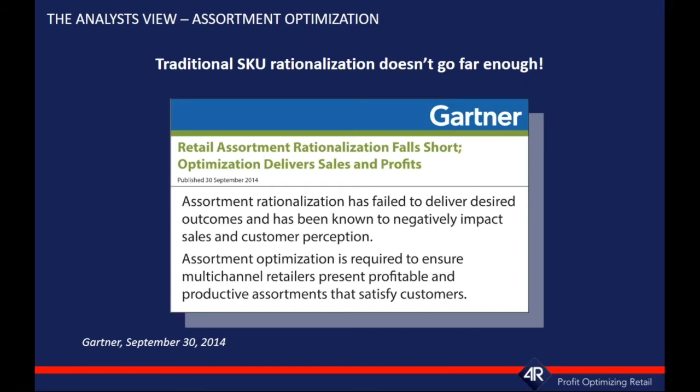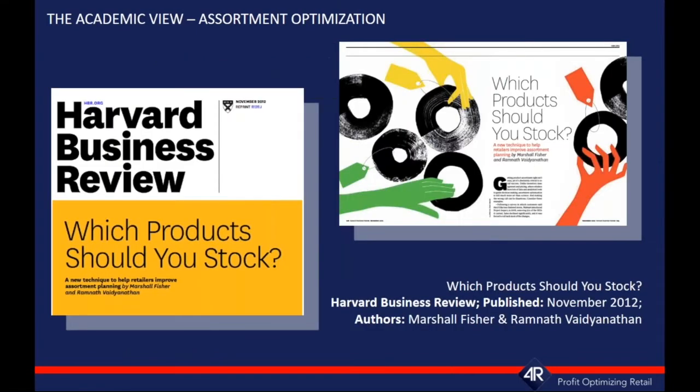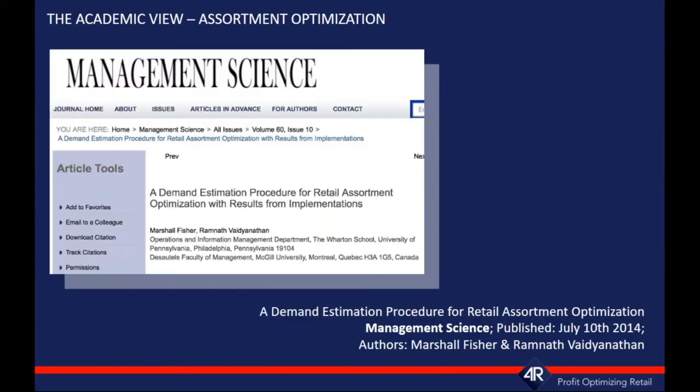We sat through their current assortment planning processes and developed a set of ideas intended to correct the void we saw in the current products that would predict demand for a new product if you added it to the assortment, would predict how much that cannibalized existing sales, and would also let you intelligently vary your assortment by store or clusters of stores. Results have been published in an HBR article, which is shown here, and a more technical article in the scientific journal Management Science.